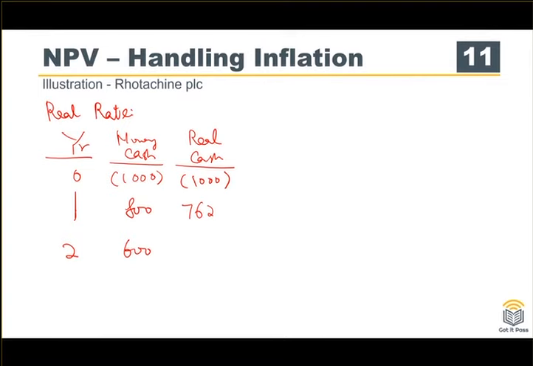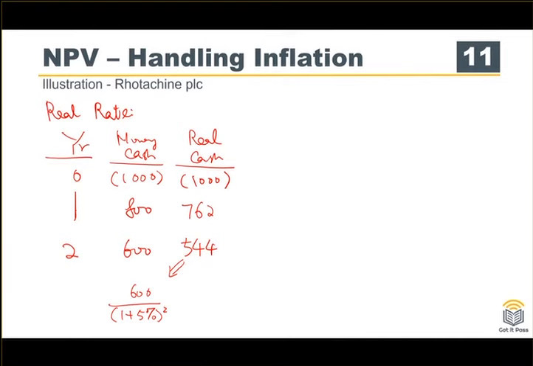And for the second year, it is 544. Or you find the discount factor for 5%. It gives the same.